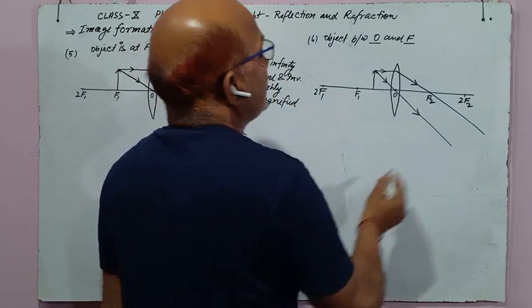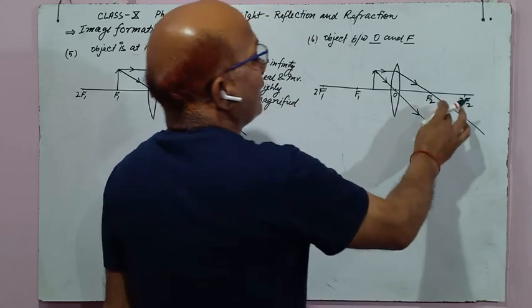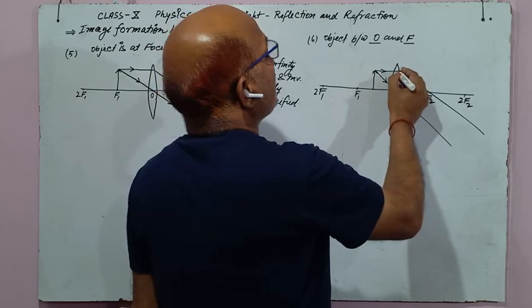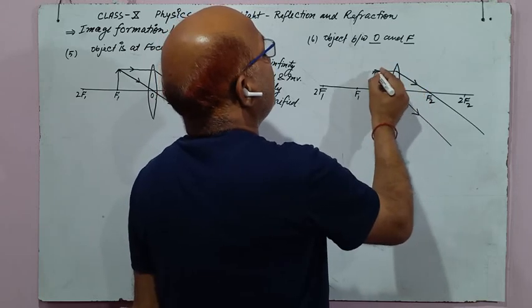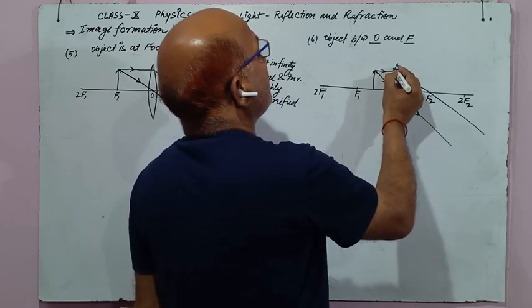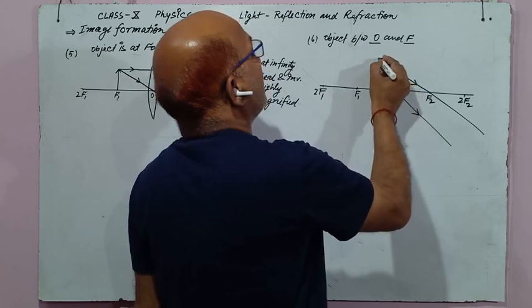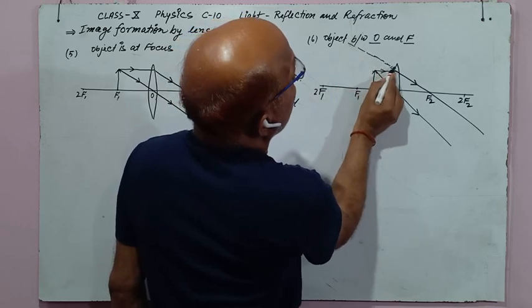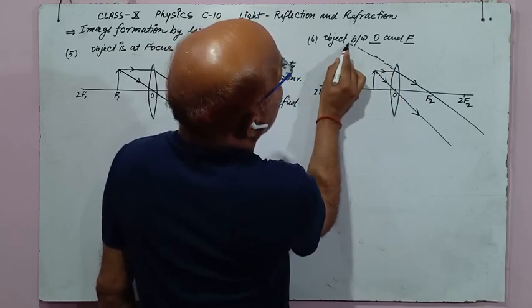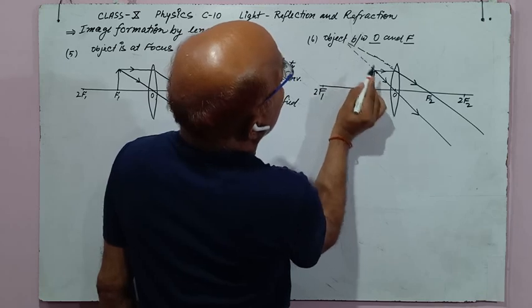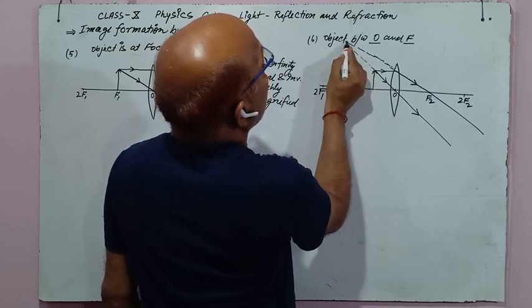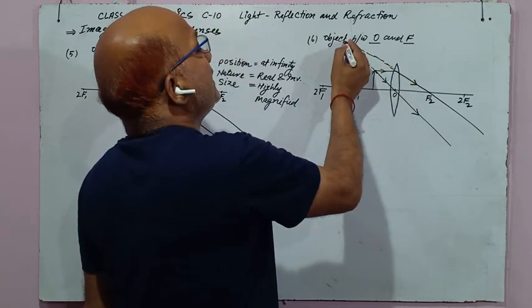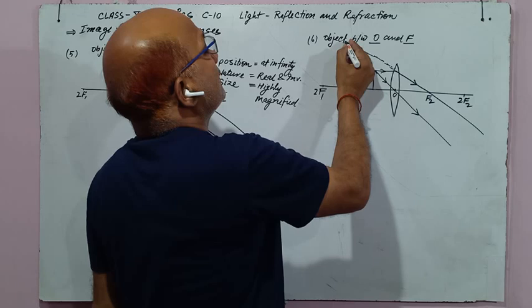So we can see that these two rays are expanding, so they will never meet at infinity. So we will proceed them in the back side like this. They appear to meet at this point in the back side.